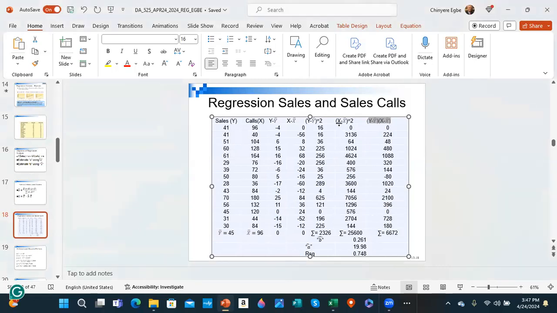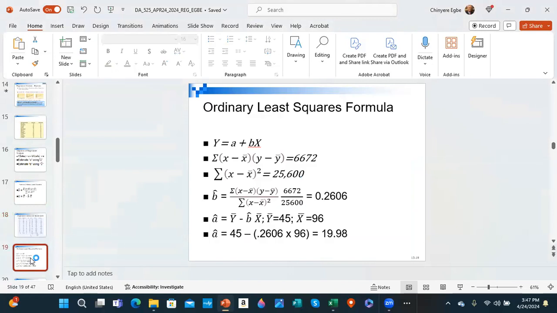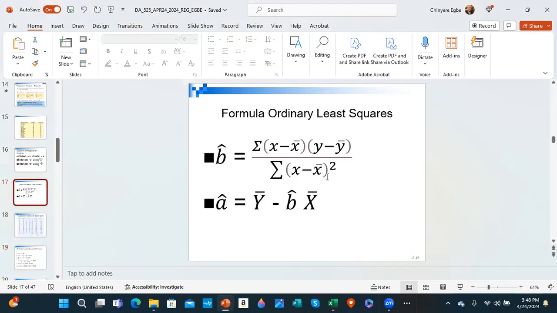And the summation of x minus x bar to the power 2 is 25,600. So we apply them on this formula. We have 6672 divided by 25,600, which gives us 0.2606. And so we have b hat.